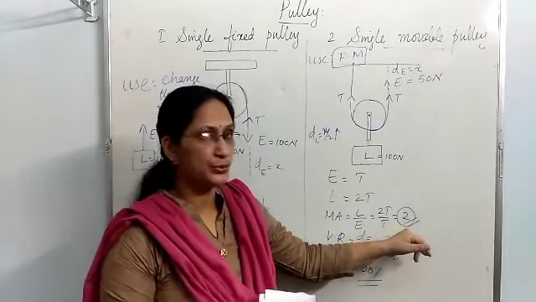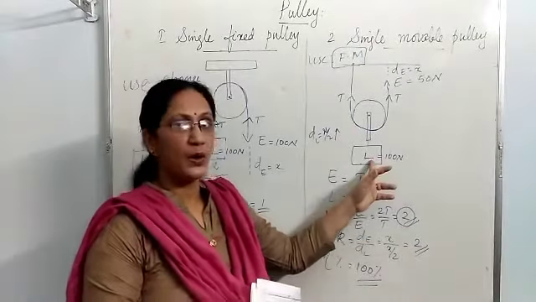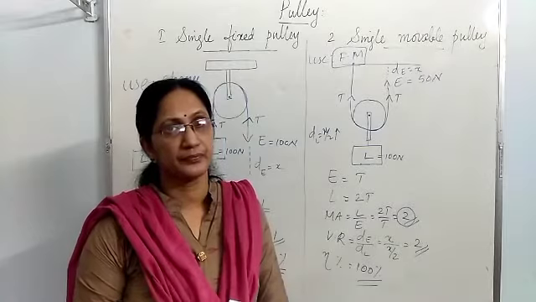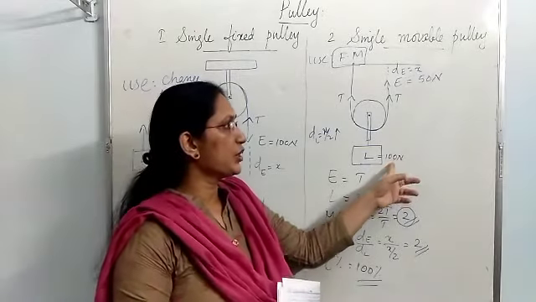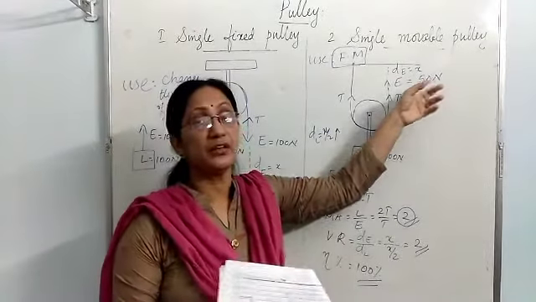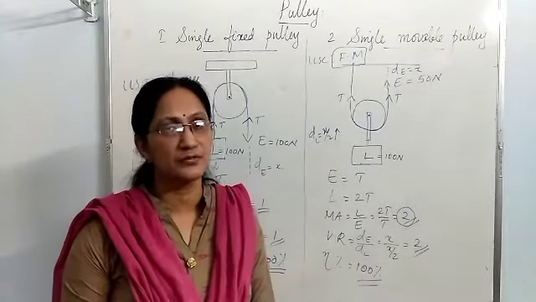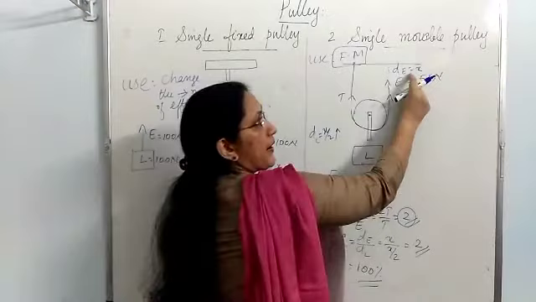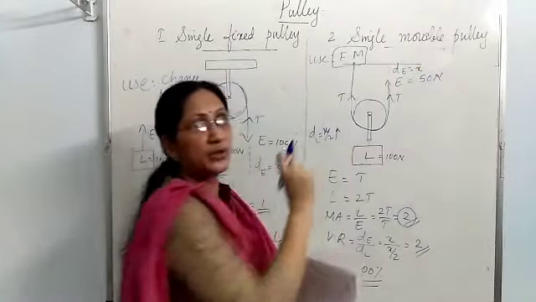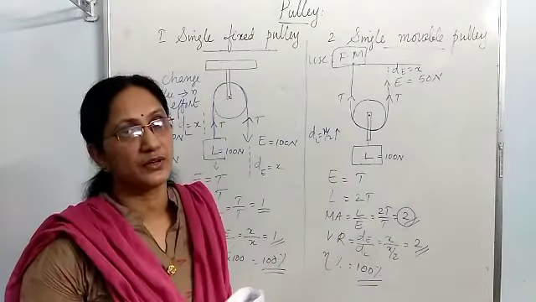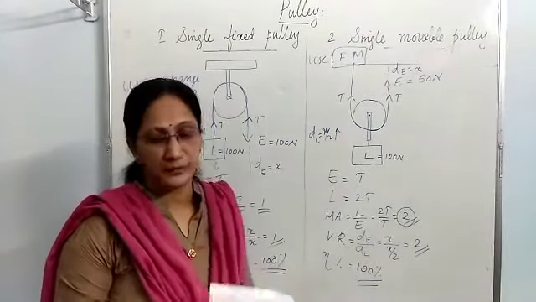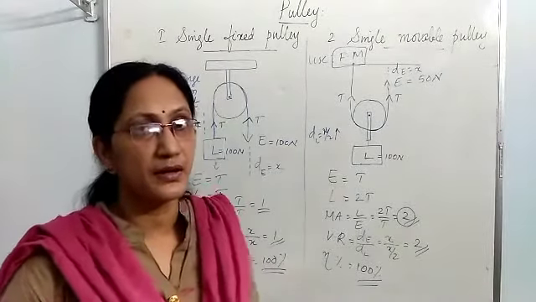So 100 Newton load you can lift with the 50 Newton effort. So surely it is a force multiplying machine. But if you pull this rope up by 2 meter, load will go up by 1 meter only.